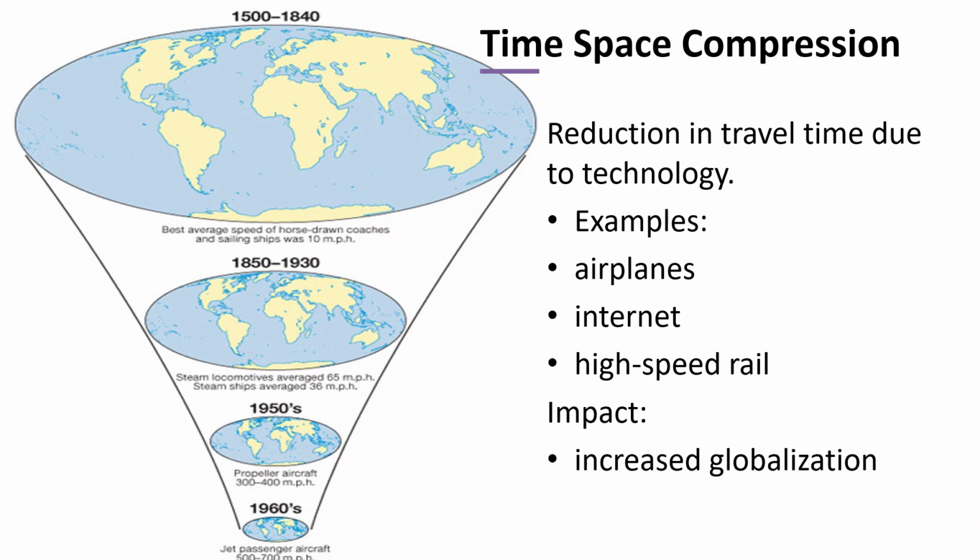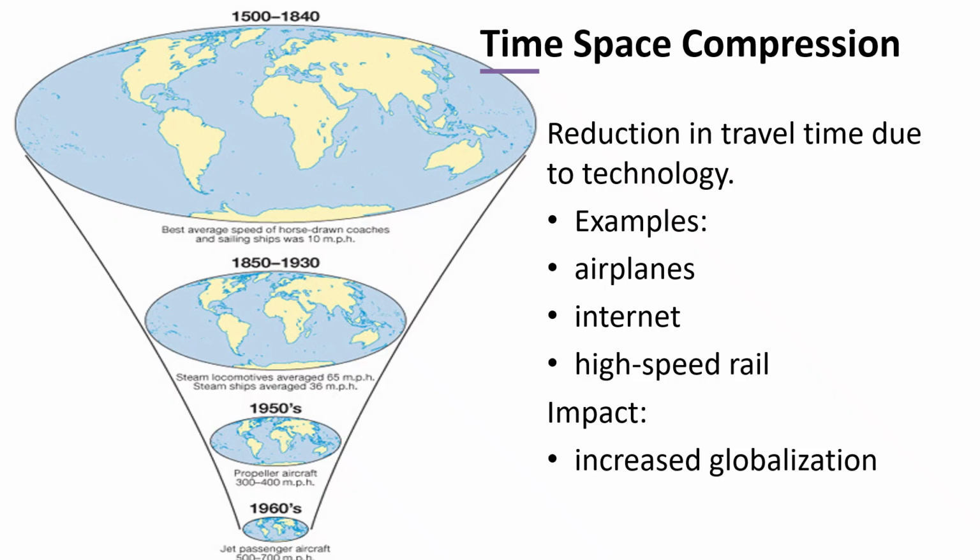Examples of a compressed world include traveling across the oceans. As you can see on the map, the time it took to travel 200 years ago was months, while I can fly across the ocean to Europe in 5 to 6 hours.